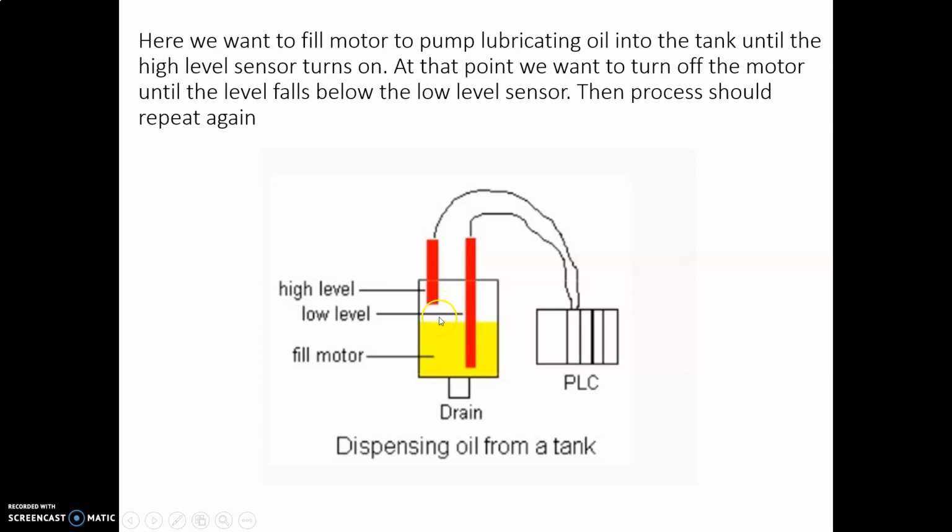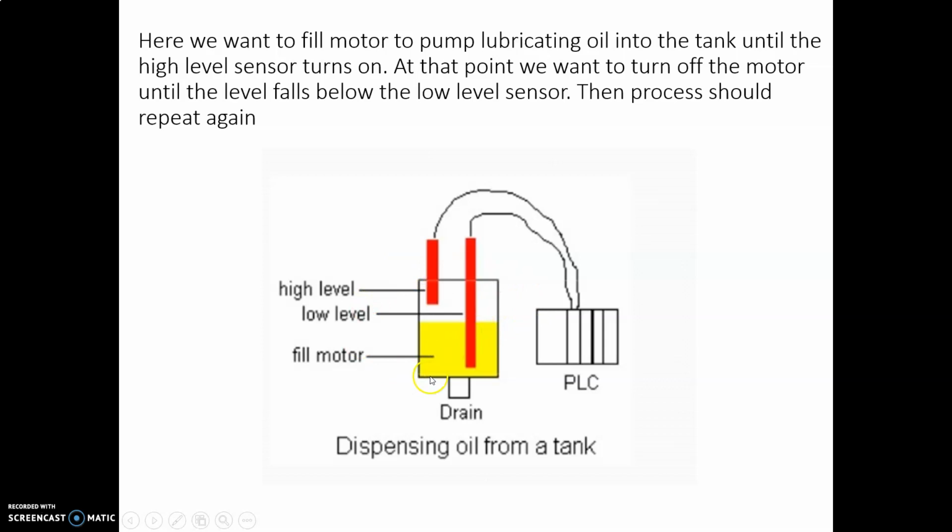The condition is that if the liquid level is below the low level sensor, our motor should start pumping liquid into this tank. It will keep pumping until it reaches the high level sensor. As soon as it reaches the high level sensor, the motor should stop, right?